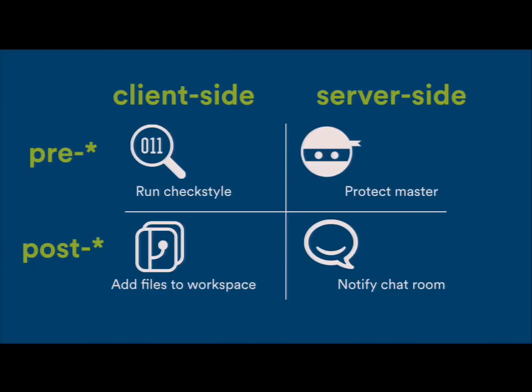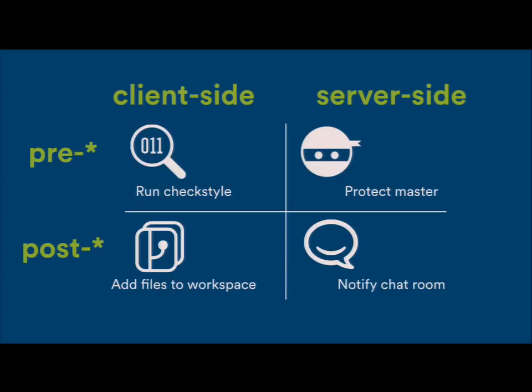Same thing with pre-receive server-side hooks, like a pre-push server-side hook. You can use that to check to make sure that the push coming in meets certain criteria, and then reject the push if it doesn't. And I'm going to talk a little bit more about those in a second.